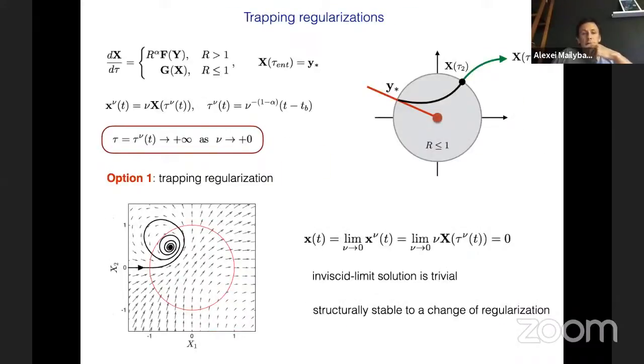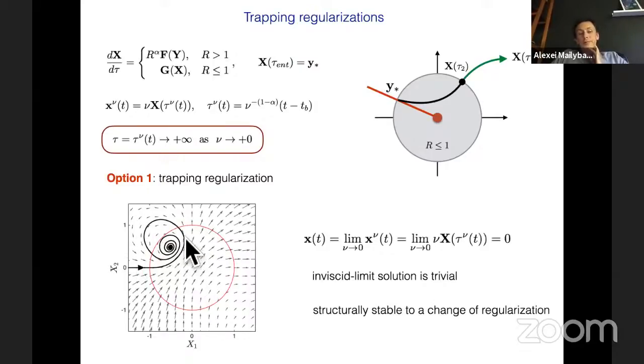So this already gives you one of the options. Option one, the kind of trivial option for the choice of your solution, corresponds to the case when this system, which we rescaled, has an attractor. Whenever the system has an attractor, it means that the capital X solution will be bounded.